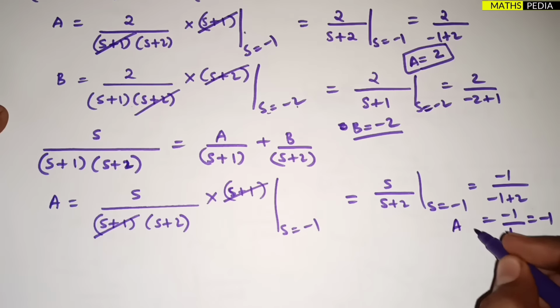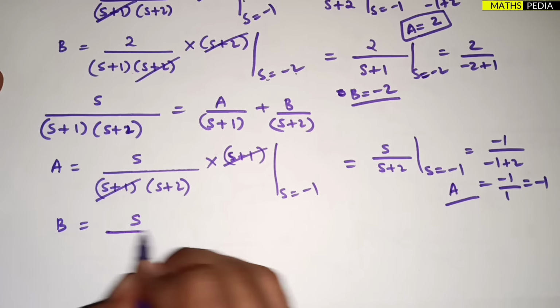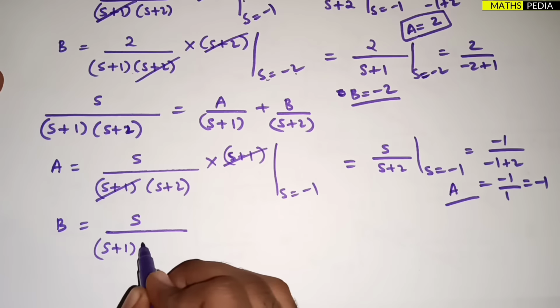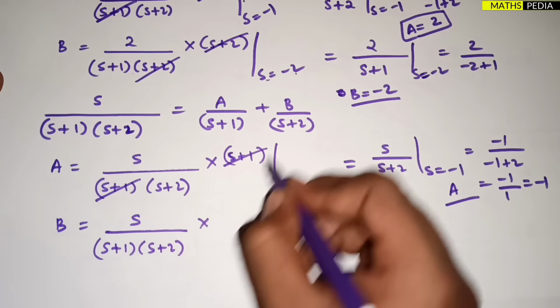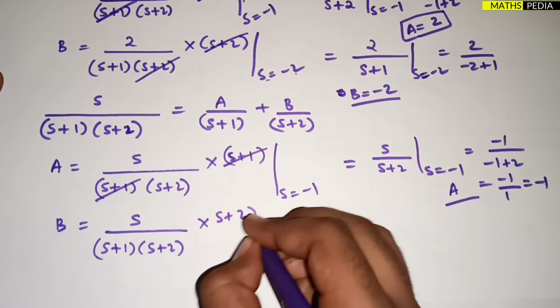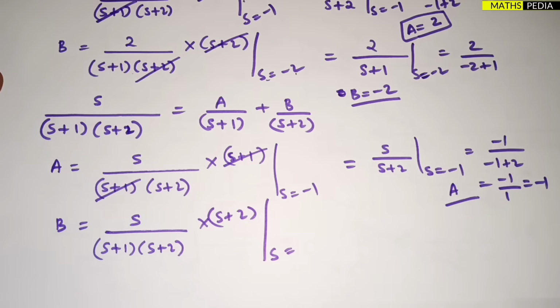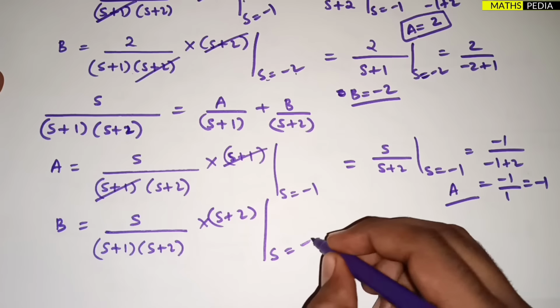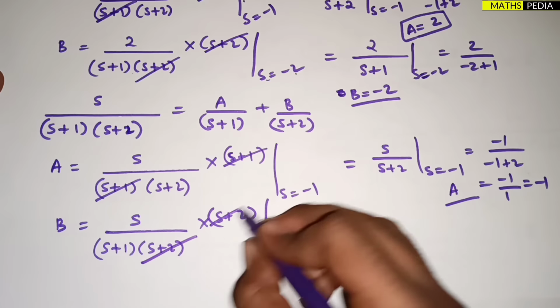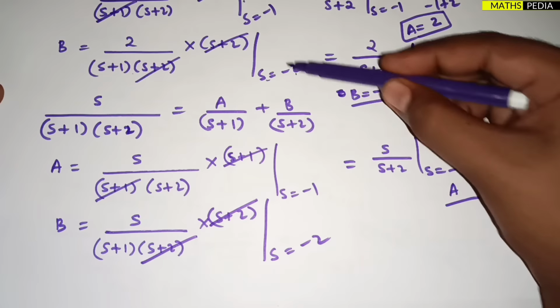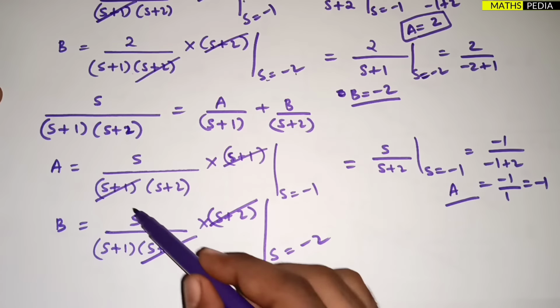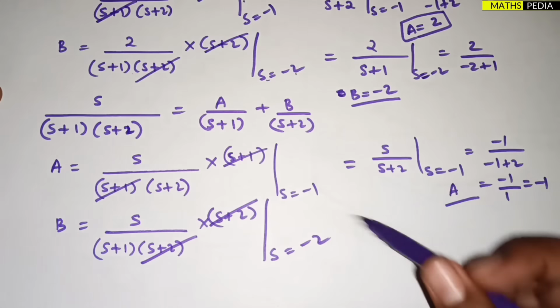Now next, B value I have to find out. B equals, see here, again the same thing, s into (s plus 1) into (s plus 2). In the denominator, s plus 2 is there. I have to substitute such that this becomes 0. It is minus 2. This s plus 2 gets cancelled. See here, the same pattern is going on, only this term is getting changed.